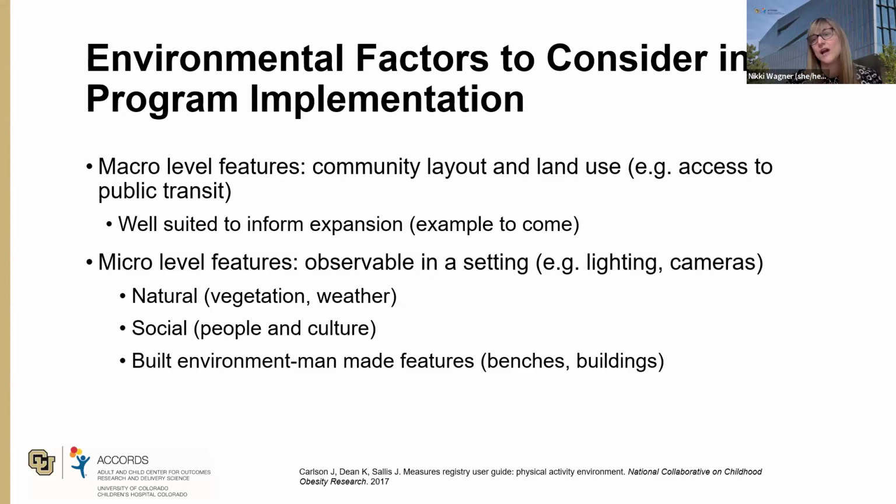Who are the people in this environment? What's the culture like in this environment? And then there's also the built environment, the man-made features, things like benches and buildings. If you're doing something for a population who has mobility issues and there's no bench to sit down, or it's an older population, these could be factors that really influence what people are willing to do or where they're willing to go.